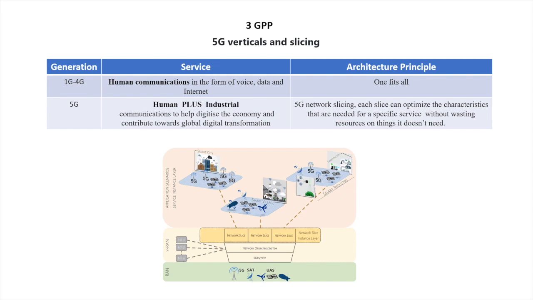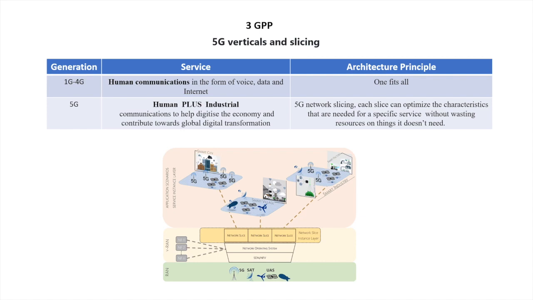Previous generations of cellular networks were targeted to human communications in the form of voice, data, and internet, and had only one architectural principle: one size fits all. 5G adds industrial communications features to help digitize the economy and contribute towards global digital transformation.